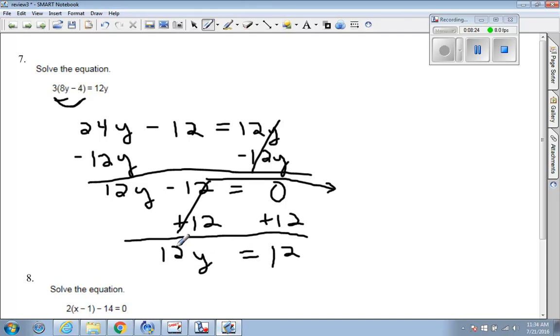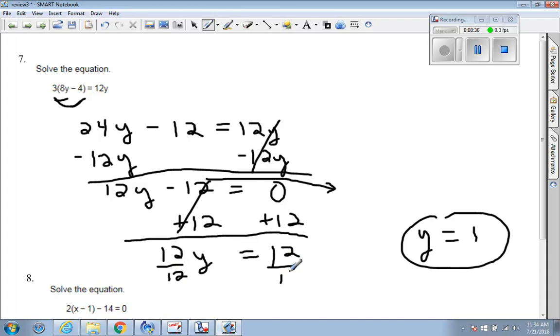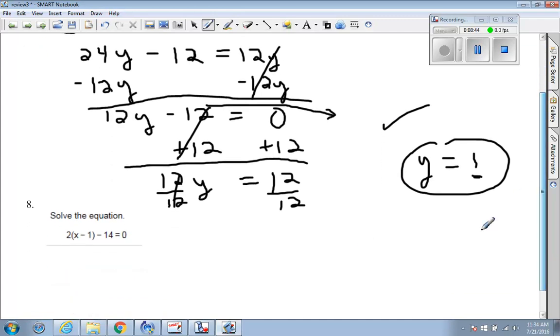So now I have 12y equals 12. If you're getting good at the mental math, you know that y must be 1. If you want to write an extra step, you may divide by 12. But 12 divided by 12 is obviously 1. Okay? Head to the next one.